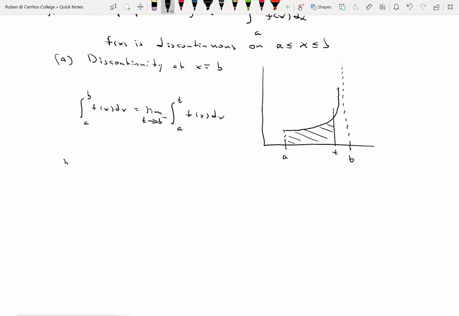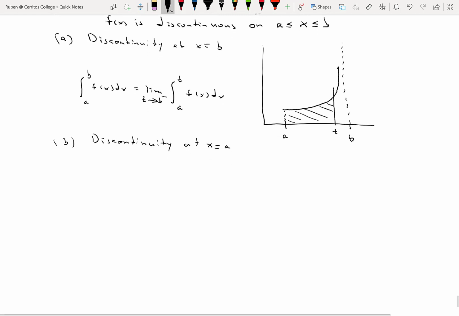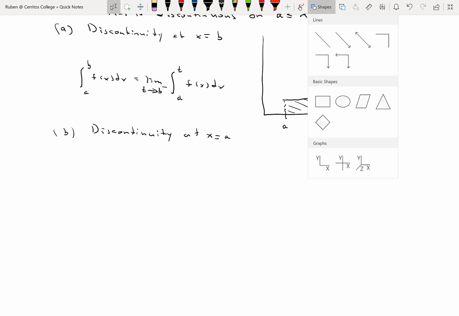So, you can almost guess what type 2b is going to be, where the function is discontinuous and so we have a discontinuity at the left endpoint. So let's take a look at what happens in that case.